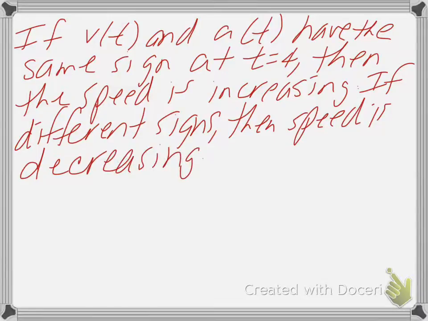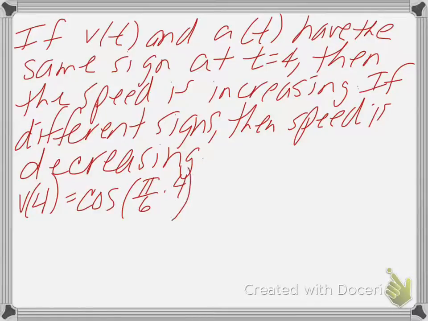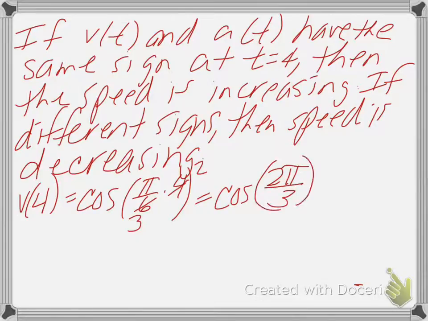Okay, so we have to see what's happening at 4. First we're going to need the velocity at 4. So we have the velocity. It's going to be pi over 6 times 4, and we get cosine of, this goes in divided each by 2, so cosine of 2 pi over 3.